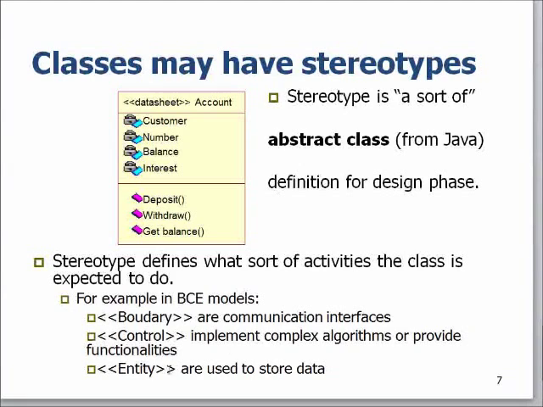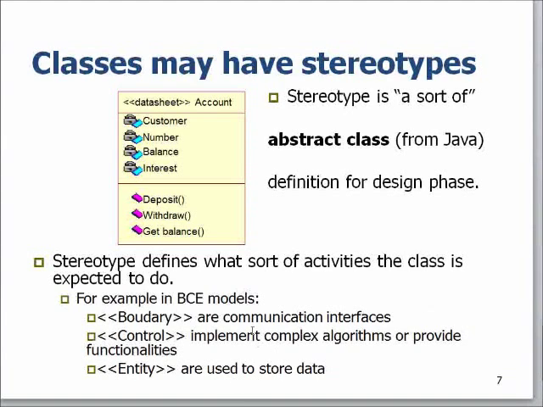In the BCE model, which is also talked about in this course, we, for example, have three stereotypes. The boundary, which means that this class has something to do with communication with either other systems or users or actors, meaning that it's a communication or user interface implementation.